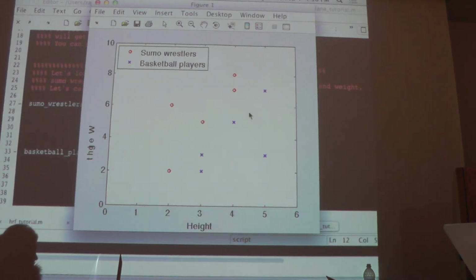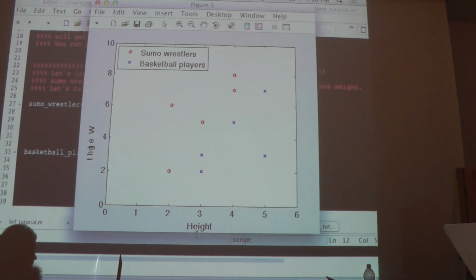The reason it's useful to have a computer algorithm do that for us instead of eyeballing it is that you can't always eyeball the data. It's always good to try and plot it if you can.